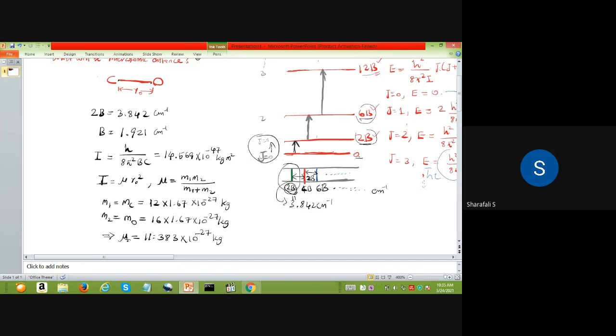Now if you know mu, then you can easily calculate what is r0. r0 square will be equal to I by mu, or r0 equal to root of I by mu, and that will be equal to, if you substitute the values of I and mu, then we will get this value as 1.13 into 10 to the power minus 10, or we can say this is equal to 0.13 angstrom.